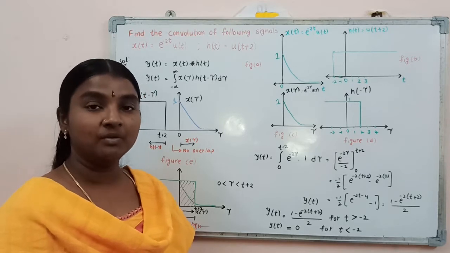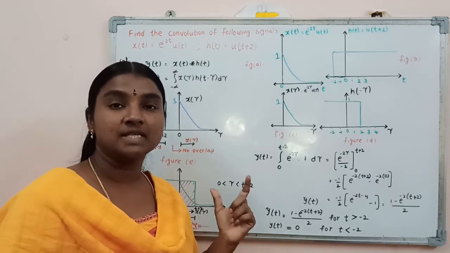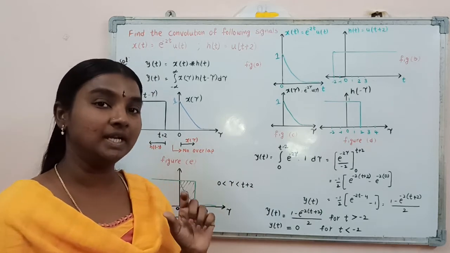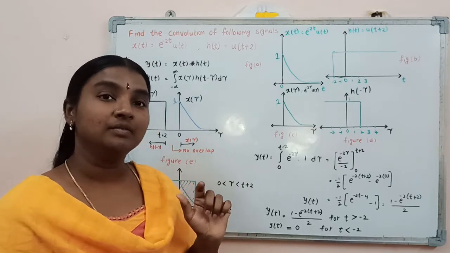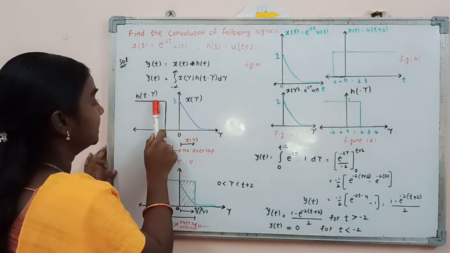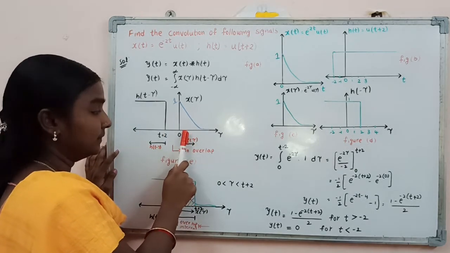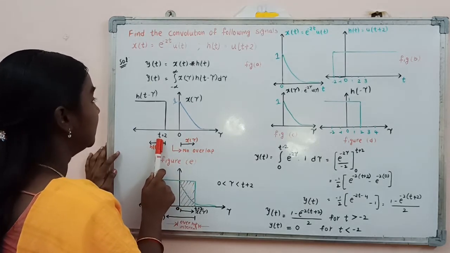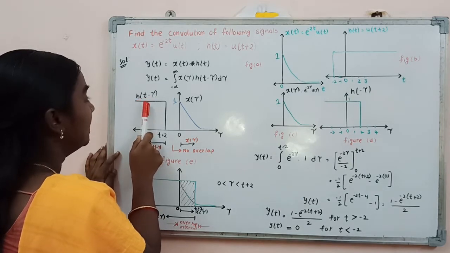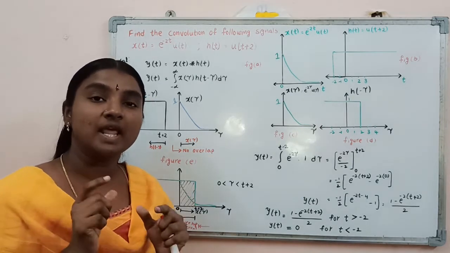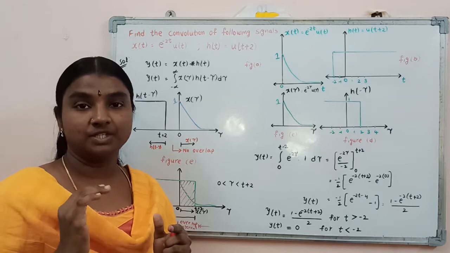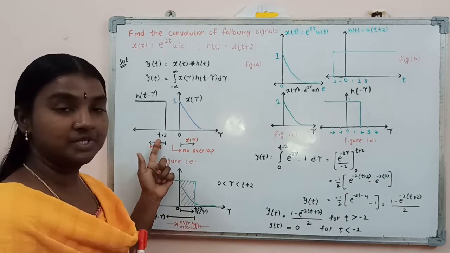Then in the next step, we need to draw both the signals x of tau and h of minus tau, where we need to consider the time shift t, so that we may draw both the signals x of tau and h of t minus tau on the same tau axis. Here, for the given signal h of t minus tau, we are going to consider a large negative time shift, meaning the most negative number in place of the time shift t.